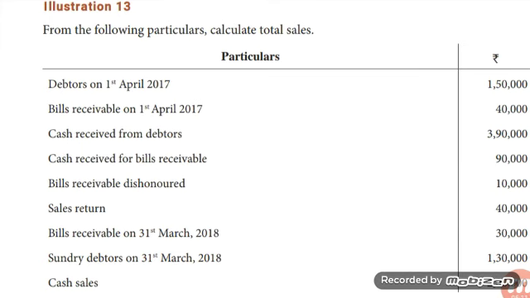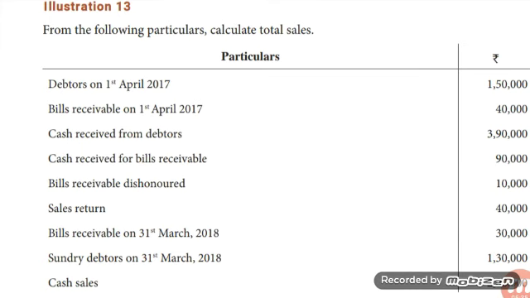Children, here opening debtors is given, so you need to prepare debtors account. Next item, bills receivable on 1st April 2017. Here opening bills receivable is given, so you need to prepare bills receivable account also. Then other information for preparing these two accounts is given there.